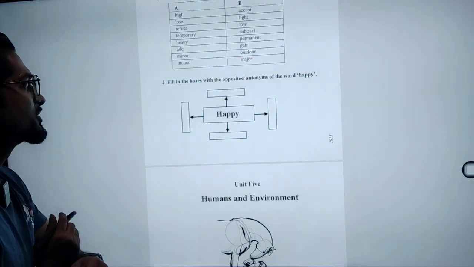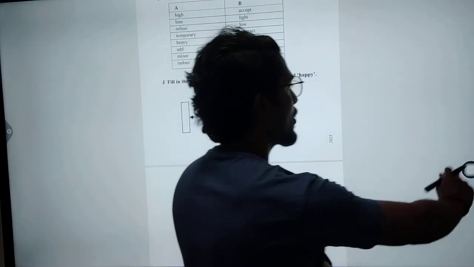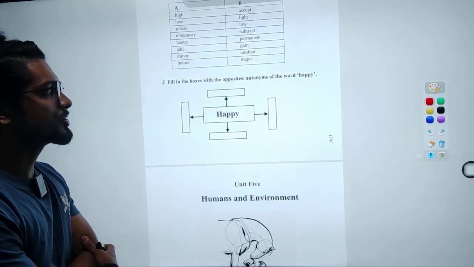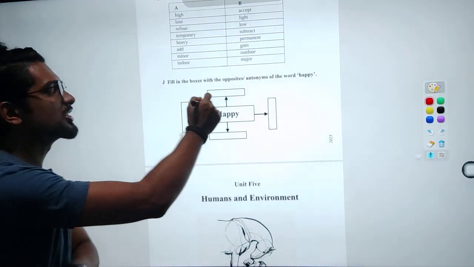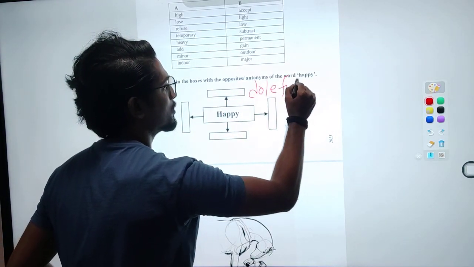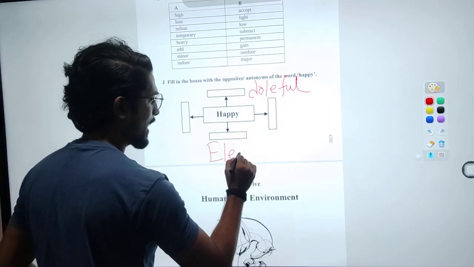Okay, fill in the boxes with the opposites and antonyms of the word happy. Now we will find out the words which are opposite to happy. The first one you can write is doleful. The next one is a very interesting word, elegiac.